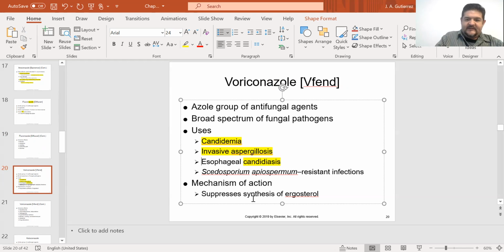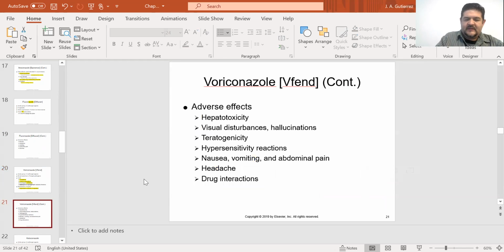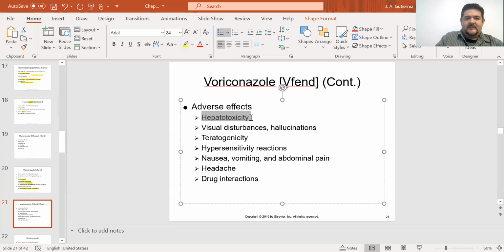How do they work? Just like the other ones. The rest of the acyls, they're going to inhibit the formation of ergosterol. So that's going to weaken the cell wall of the fungus and break it down. Voriconazole, because this medication is better for systemic infections. Hepatotoxicity, liver damage.